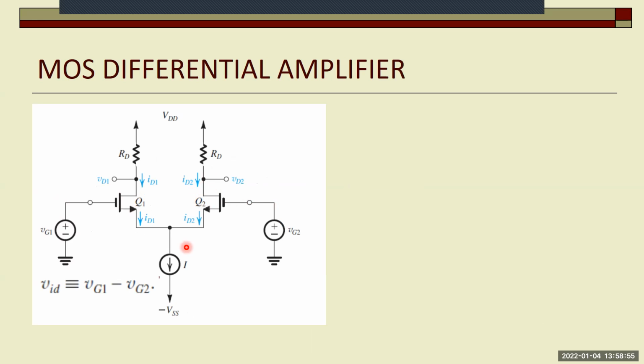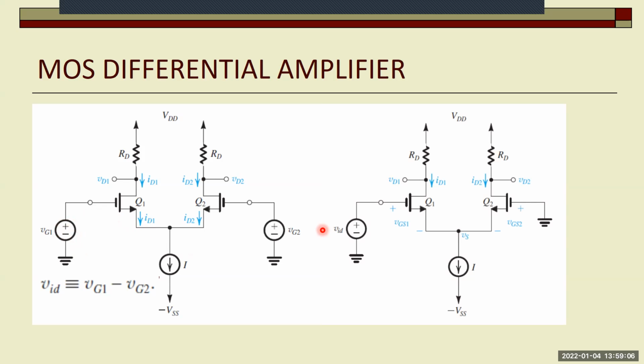The differential input is the difference between these two inputs, VG1 and VG2. So instead of using two different ones, we can basically use one source.